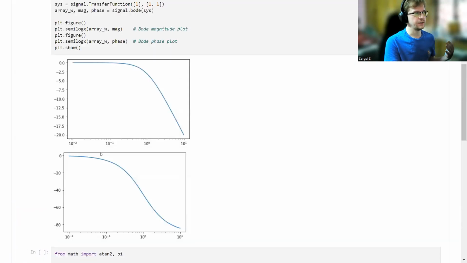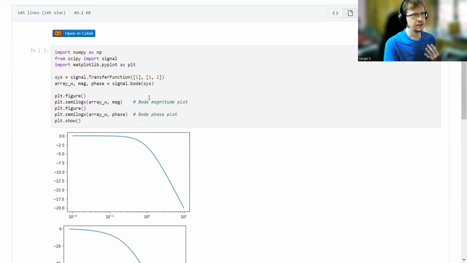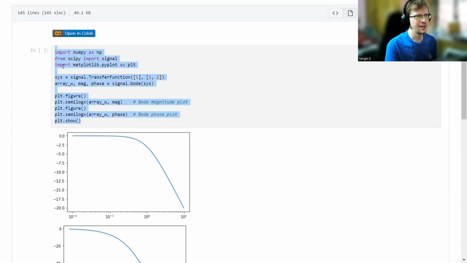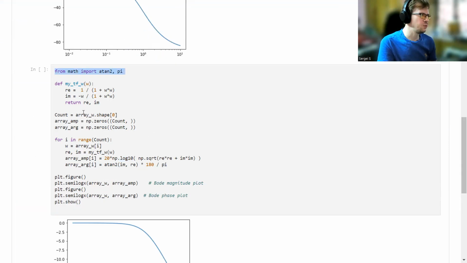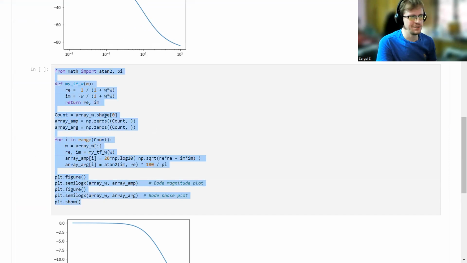So nothing mysterious about Bode plot. I think Bode plot traditionally in engineering colleges we just do this part, and we are happy, and we often do it in Simulink, so we don't even see the code. And this is how we often are introduced to Bode plot. I think it is nice to be able to see that it is actually extremely simple.